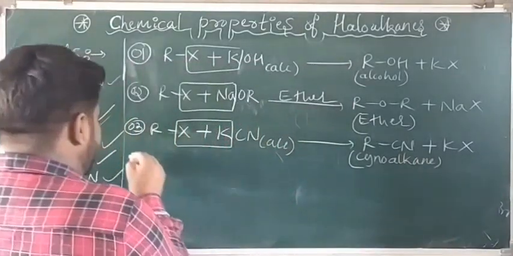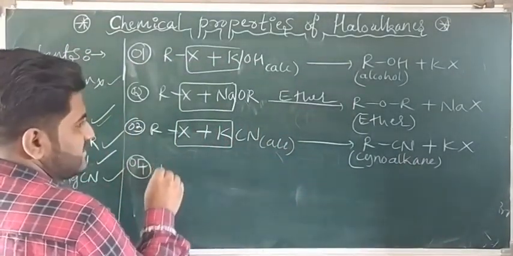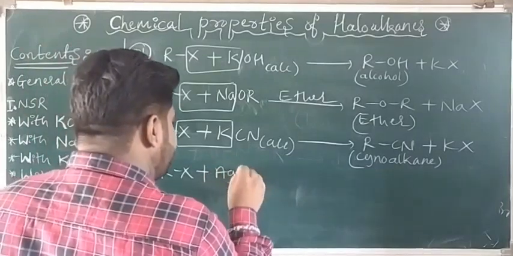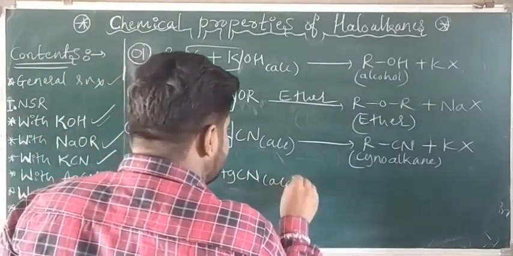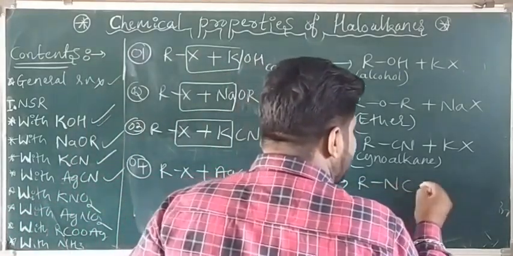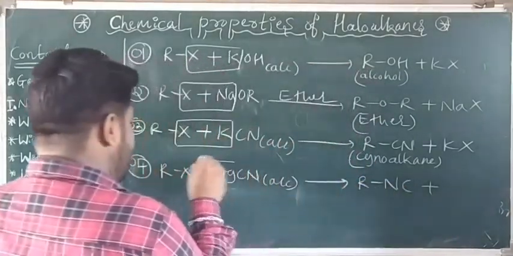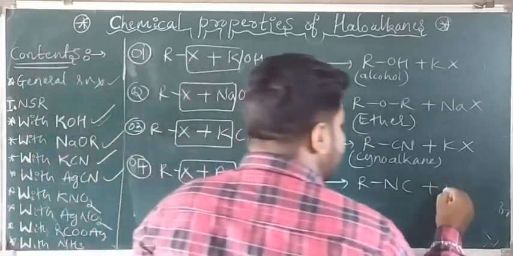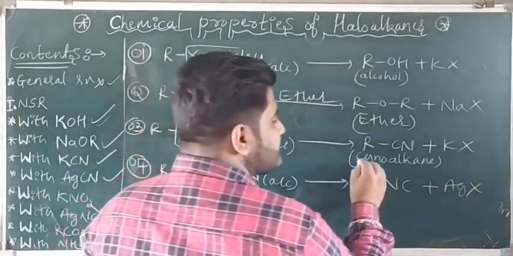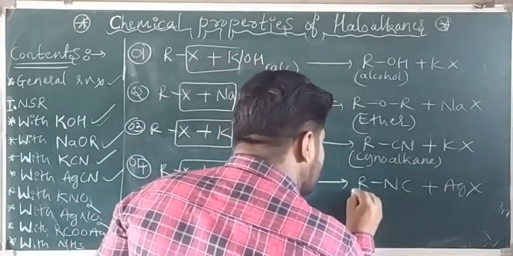So fourth reaction, when we treated haloalkane with alcoholic silver cyanide, we got RNC. Instead of RCN, we got RNC, and again AgX is eliminated. So this RCN is called cyanoalkane, here RNC isocyanoalkane. Isocyanoalkane is formed.